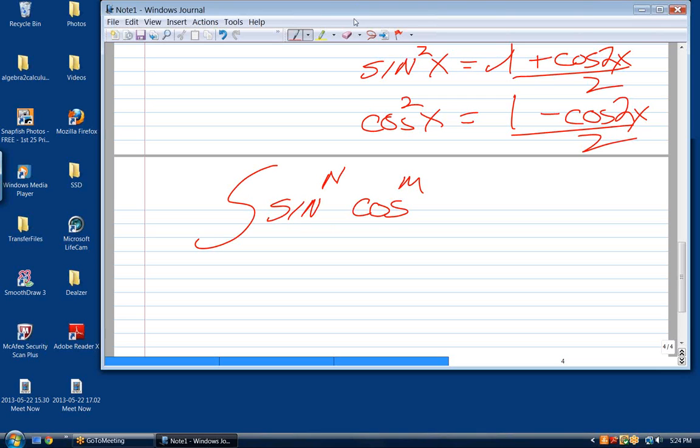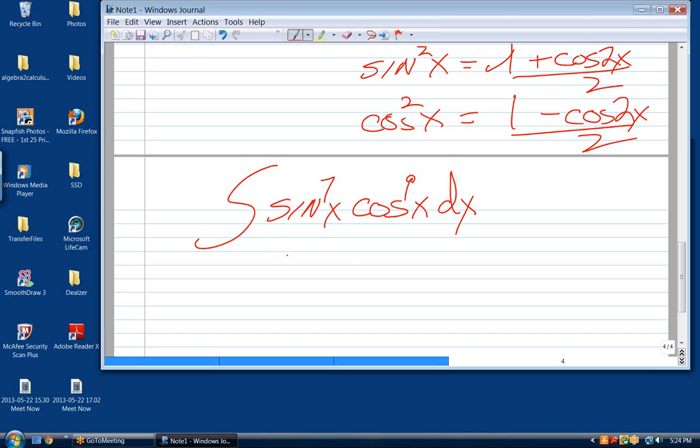It would be laborious if you gave me something like... well, in this case, I can choose the cosine to pull out or the sine. It doesn't really matter. And then convert the other into the other.